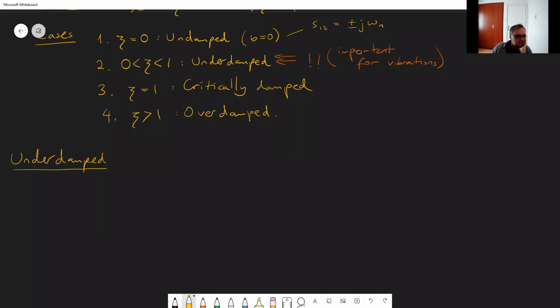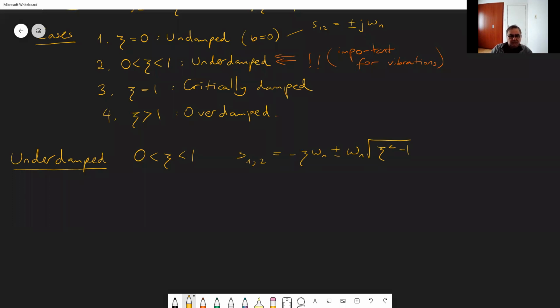So the damping ratio is between 0 and 1. And the roots of the characteristic equation are minus zeta omega n plus minus omega n root zeta squared minus 1, as you see. But zeta is less than 1. So the quantity inside the square root is negative.